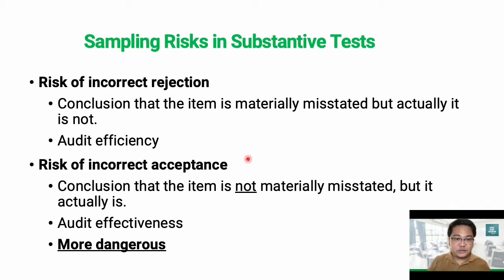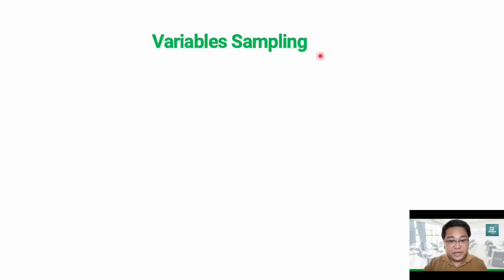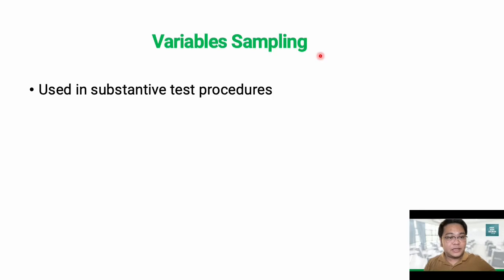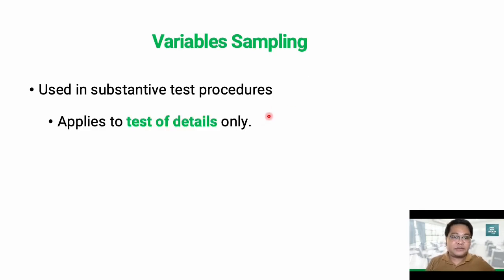That is why when designing our sampling plan, this is the one that we consider. We use this as our parameter, the risk of incorrect acceptance. If in TOC we have attribute sampling, in substantive test, we have what we call variable sampling. We use this in our substantive test procedures applied to test of details only, because again, we do not test the details, the documents, the audit trails in substantive analytical procedures.